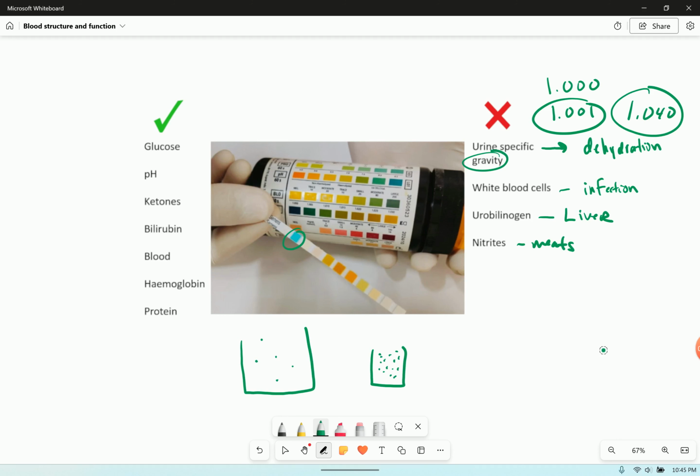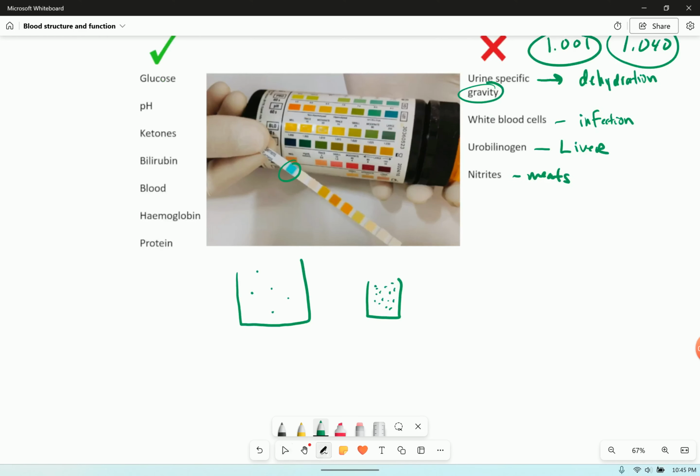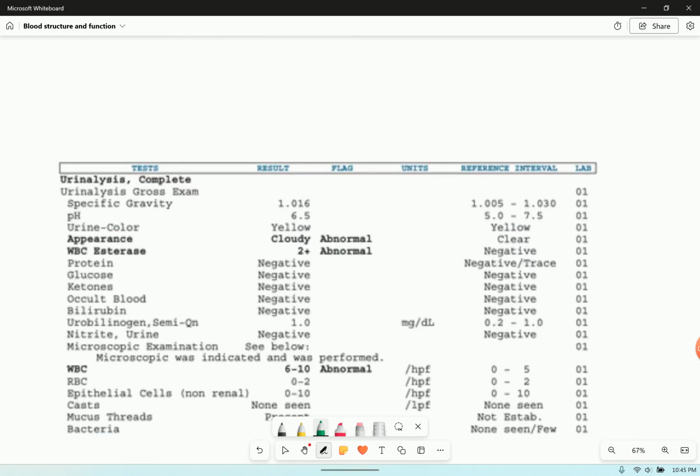So that could be a diet issue, could be a liver, a digestive dysfunction. Also, it might indicate urinary tract infection. Okay, so a urine analysis is really good to assess a person's overall health.